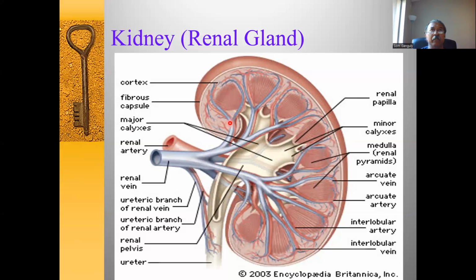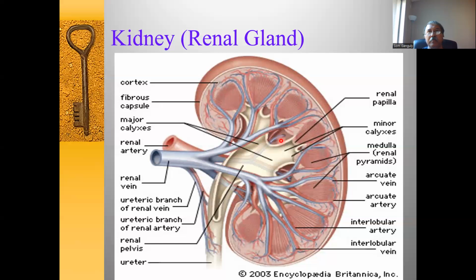Big artery and vein become smaller artery, arterioles, and then capillary. Tiny capillaries surrounding this medulla. They're going in and out of the medulla, causing tubular structure. We don't have to go into the detail about the convoluted tubule, loop of Henle and all those, but you know that they're there. You have learned that in the anatomy and physiology lecture. That is the terminal end of these tiny little blood vessels into the medulla.